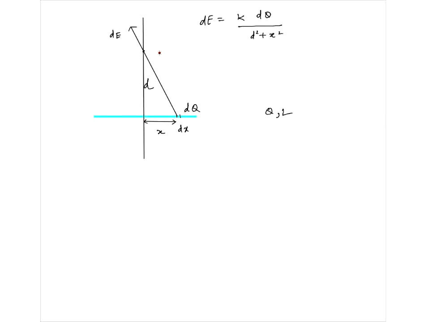So if we consider symmetric pairs, this dq here, dE there, then we find that components in this direction won't survive. Only components in this direction would survive for everybody. So while integration here would not be correct, if you just consider the vertical component, then integration is correct.